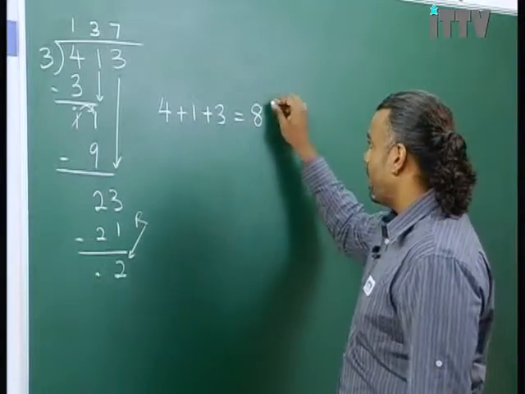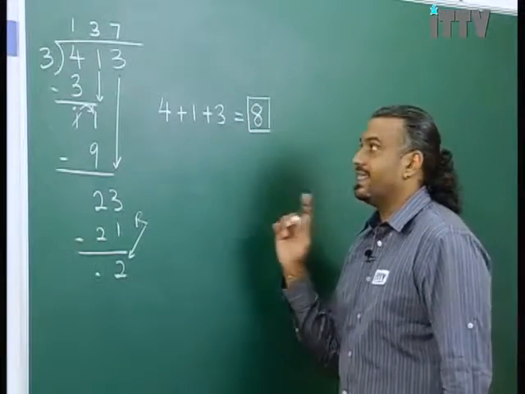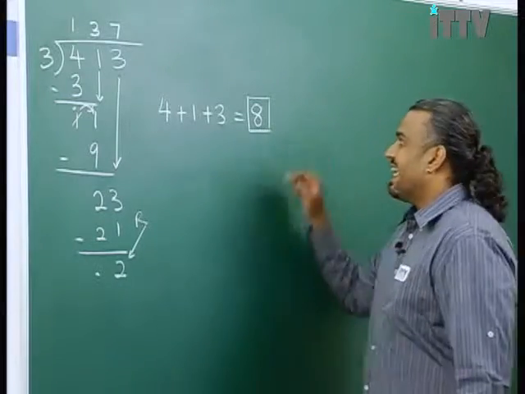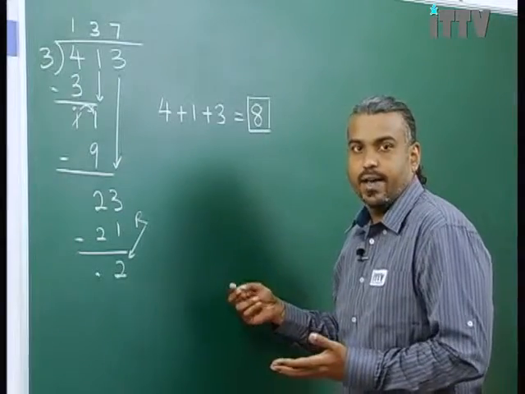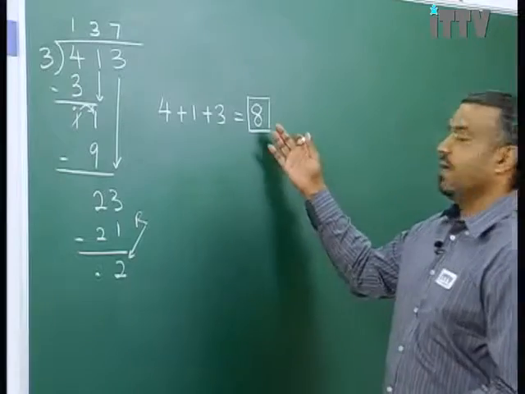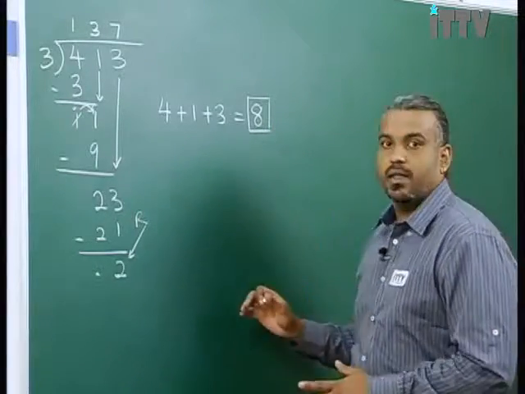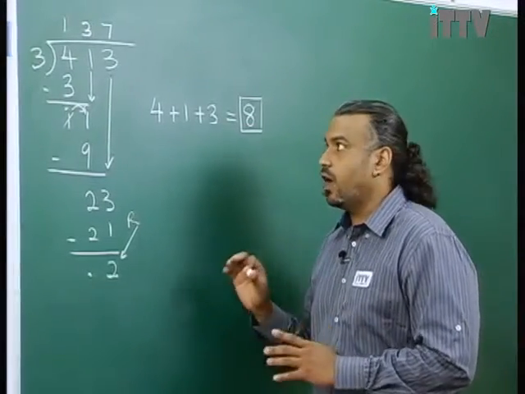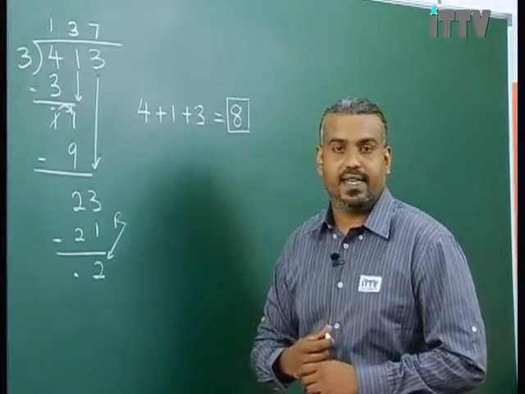Now, we have to make sure that the total of all the digits in the dividend is divisible by 3. Is 8 divisible by 3? What is divisibility? It must divide exactly without a remainder. Can we do it? No, we can't. So the table is very useful for you. Make sure you refer to it and do not just make a wild guess. Let's move on and see other things.